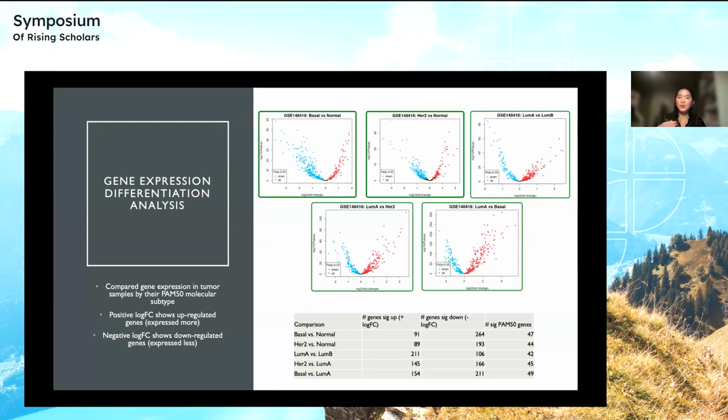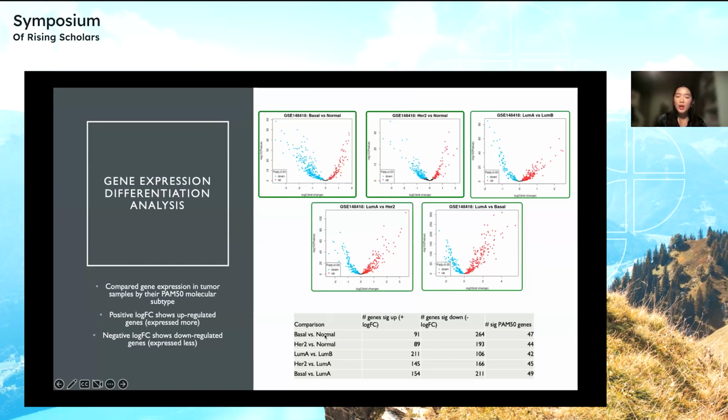So I grouped all of the samples into each of their subtypes, and then I compared 2 of them at one time. So in the table here, you can see each comparison, or this is 5 out of the 10, since there were 5 subtypes, which resulted in 10 comparisons total.